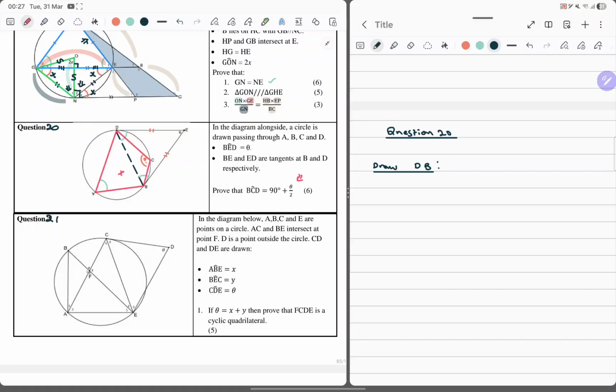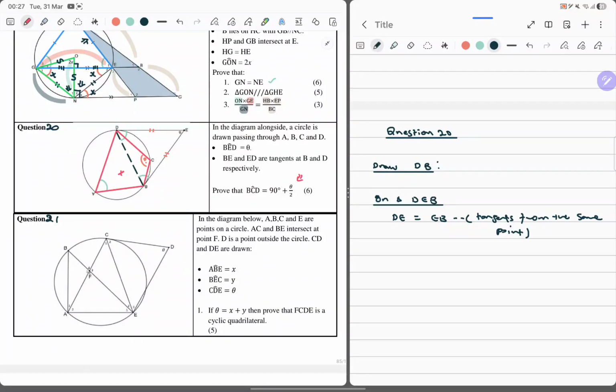All right, so let's start, of course, guys. We're going to say, well, in triangle DEB, what do we know? We know that DE is equal to EB. These are tangents from the same point.